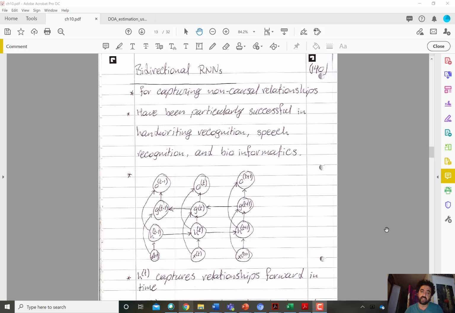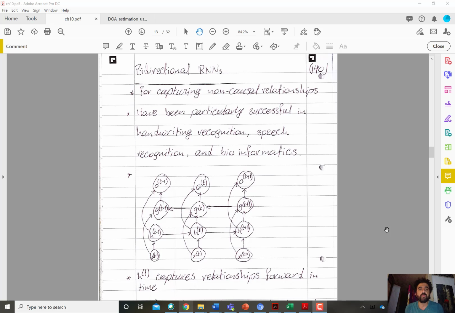But in these cases, if a bidirectional recurrent neural network is used, it's important to note that this will introduce a delay or a latency constraint, right? Because you have to wait for the future values before you can make inference about the current time step.